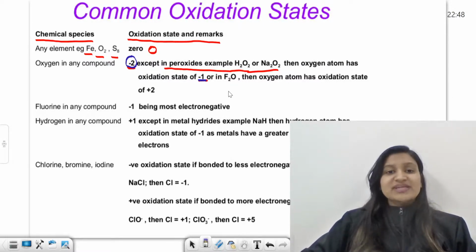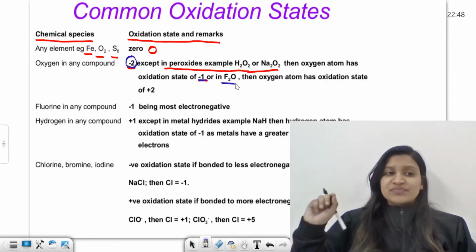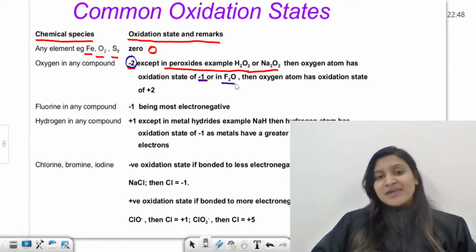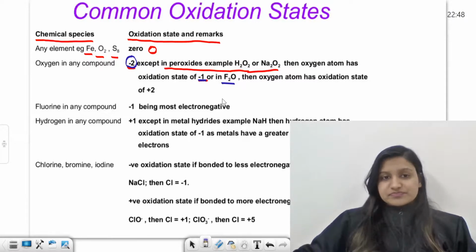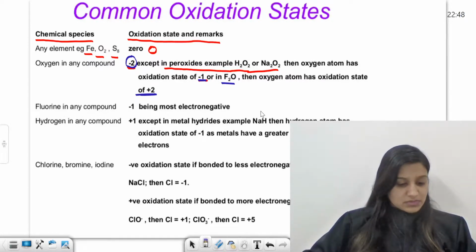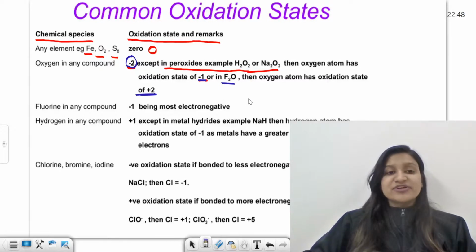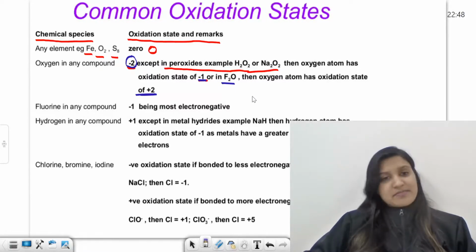In case of either peroxides or F2O, the oxidation number of oxygen will be -1. In F2O, the oxygen atom has an oxidation state of +2. So this is something which we need to remember.